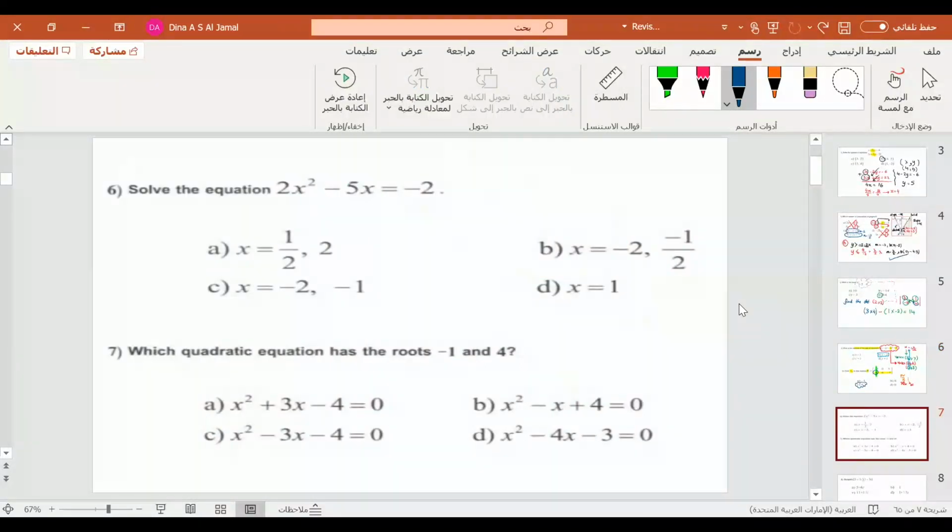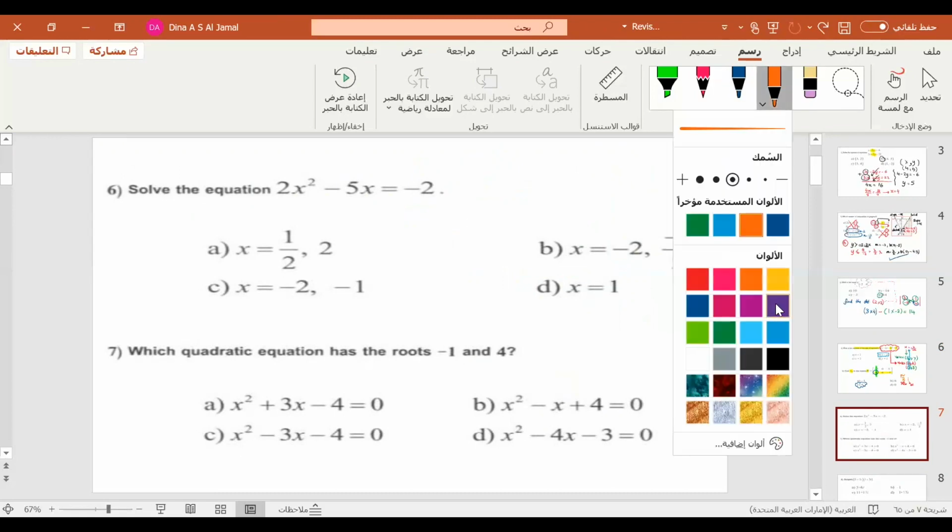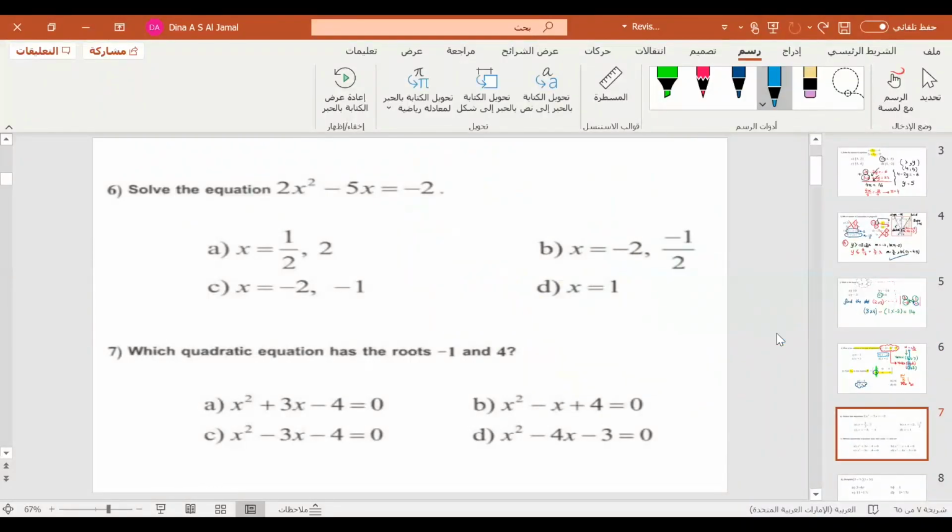Now he's asking you, solve the equation 2x squared minus 5x equals minus 2. Whenever you are having such a question, don't go directly and solve it. First of all, move everything to the other side and keep it equal to 0.